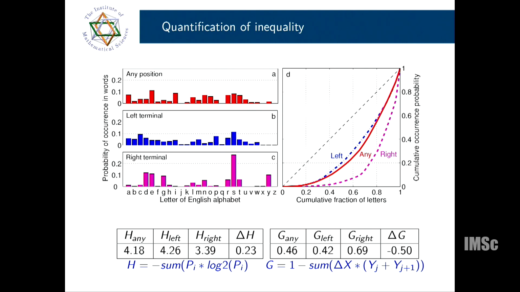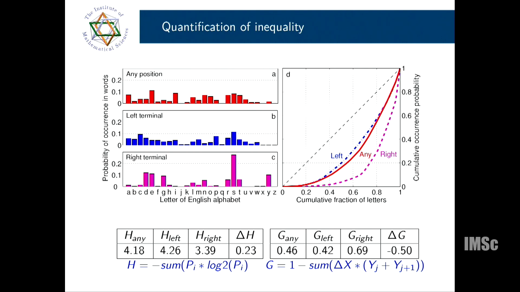Here the case is a little reversed: the left is lower and the right is higher, but the delta G is negative. So you don't need to focus on this part. You just look at the sign. For a moment, ignore it and focus on this.